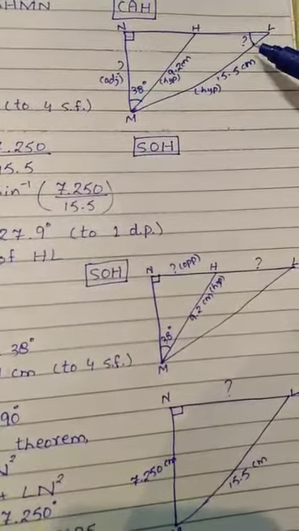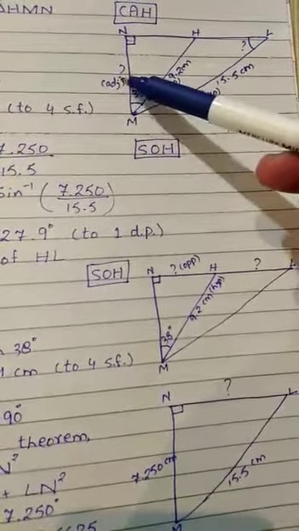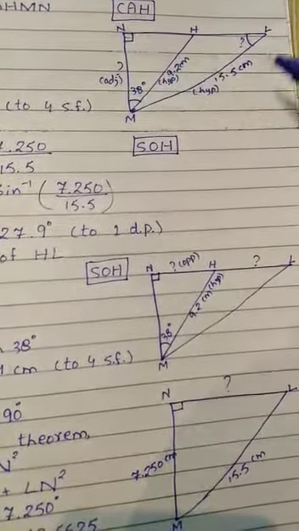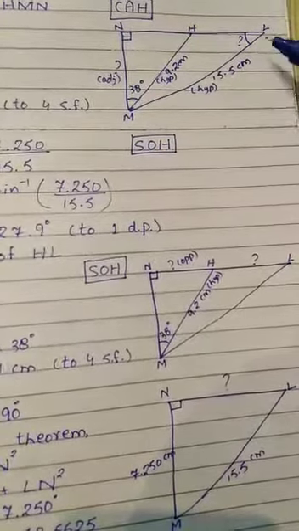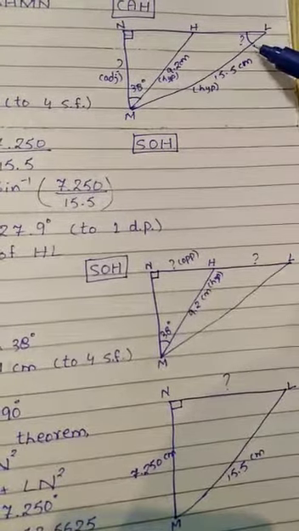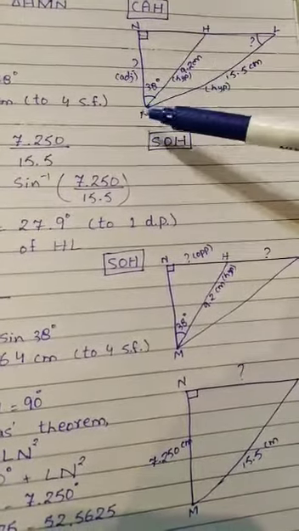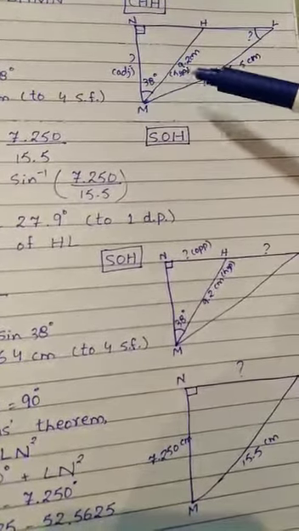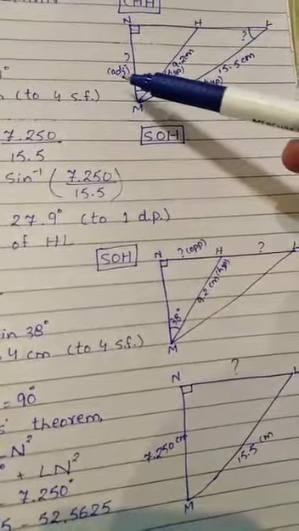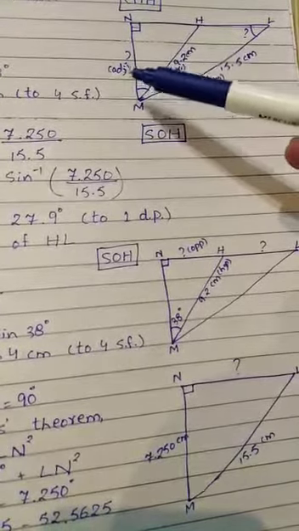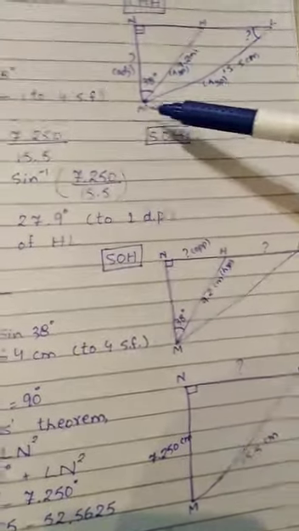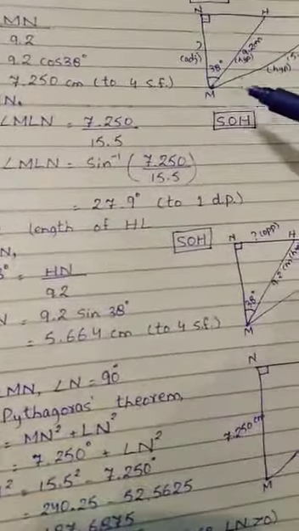So first you will find the MN length. Why? Because you are supposed to find angle N. If you find this length, then you can easily apply the Pythagoras theorem and find this angle. So first we will find the MN length.